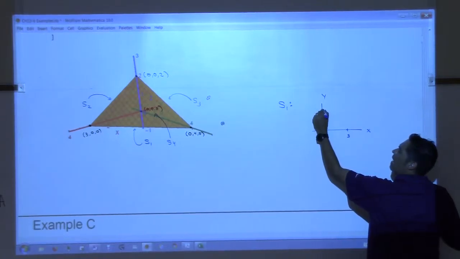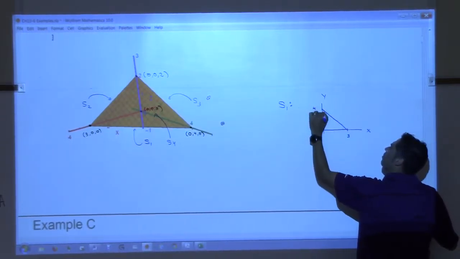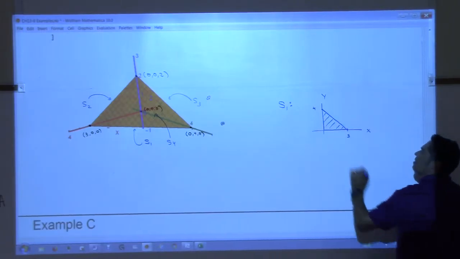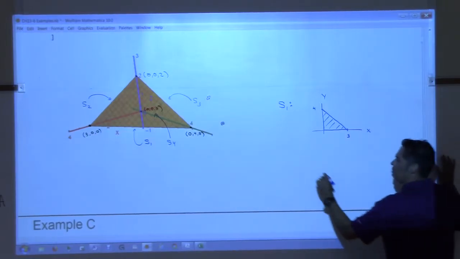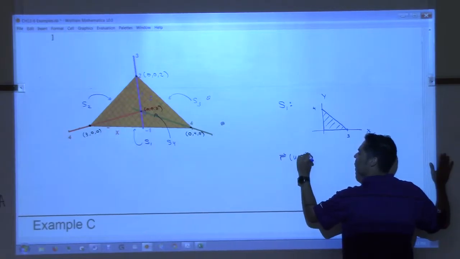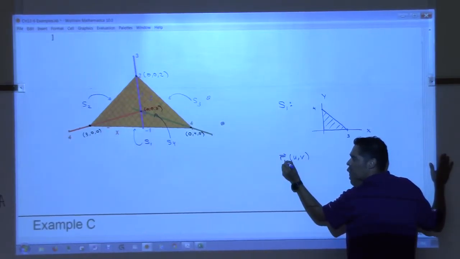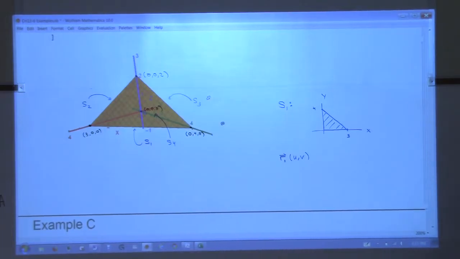It would hit the Y-axis at 4 here. We're trying to draw this surface right there, right? But we need to do it with the vector function, r of uv, and I'm going to make it r subscript 1 because it's the first of 4 surfaces I'm going to have to draw, right?